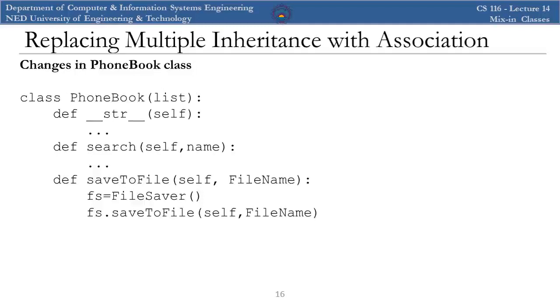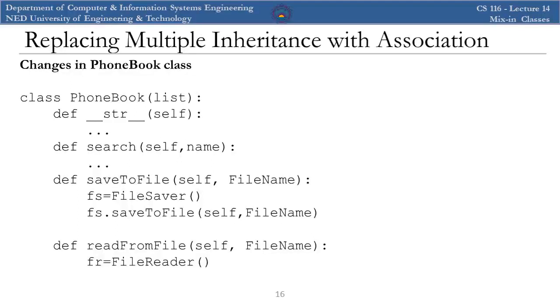Similarly, I can define another method, read from file. And here I'll define another object of file reader type. So fr is a file reader type object, and then I can call the method read from file on fr.